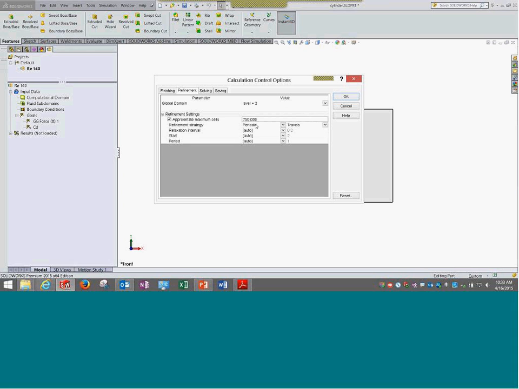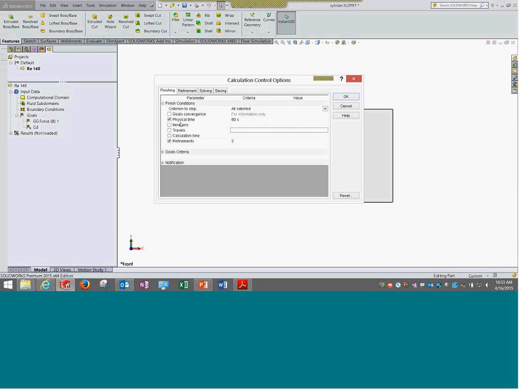In terms of time, a physical time of 80 seconds has been given for the analysis, and it has been activated at the global level. So go for refinement 2.